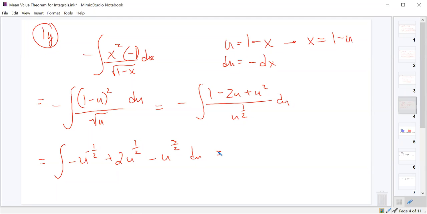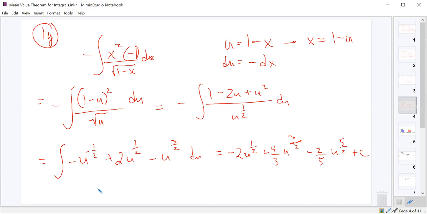Yeah. Okay. u to the negative 1/2 will go up to u to the 1/2, and we'll divide by 1/2, which is multiplying by 2. So we get -2 u to the 1/2. This one will go up to 3/2 and multiply by 2/3, so plus 4/3 u to the 3/2. And then this one will go up to 5/2 and we'll divide by 5/2, so minus 2/5 u to the 5/2 plus the constant.